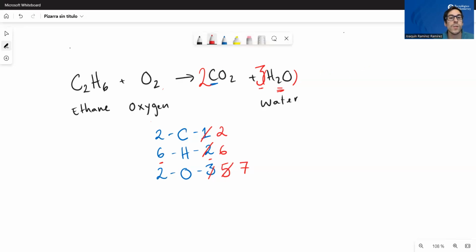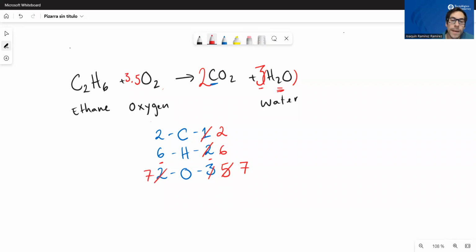So in this case, the solution is what number multiplied by 2 gives me 7. So the solution is 3.5, okay? So now if I multiply 3.5 molecules of oxygen, O2, I have a total of 7 oxygen atoms.